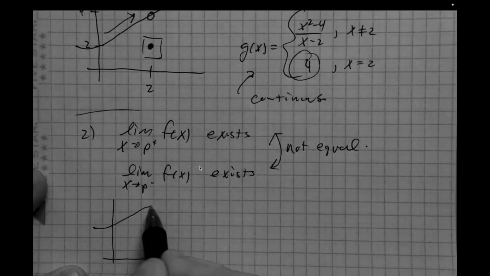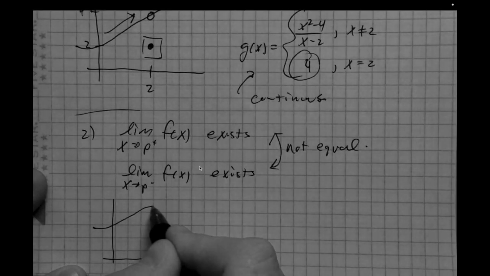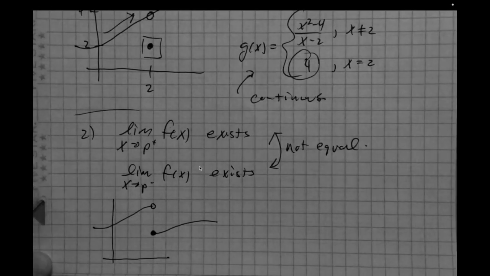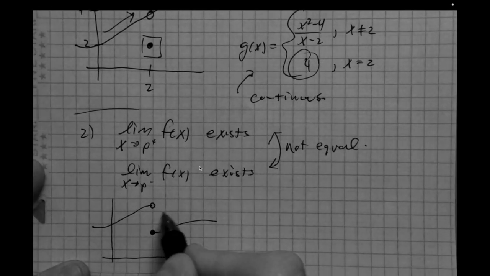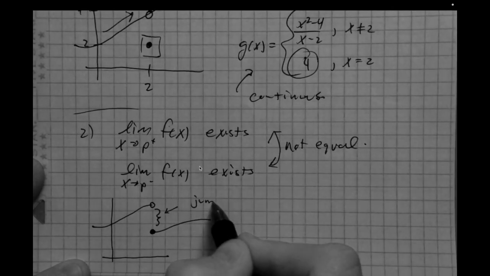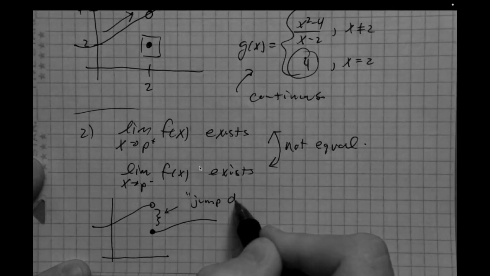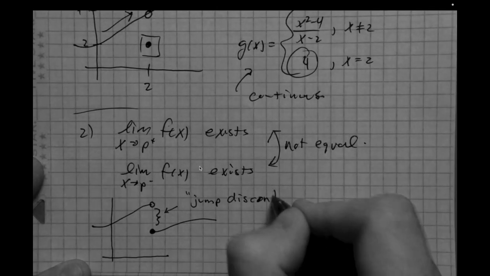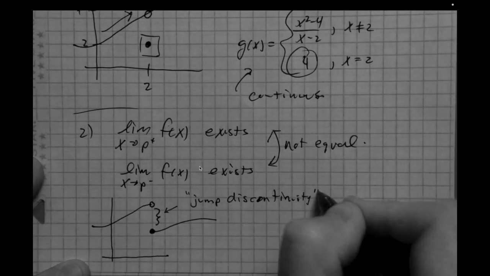You've got a function cruising along here, and there's an abrupt stop, and then somewhere else there's a jump, and the function continues. So there's this jump discontinuity here, and that's what I would refer to this discontinuity as, a jump discontinuity, because the function kind of jumps.